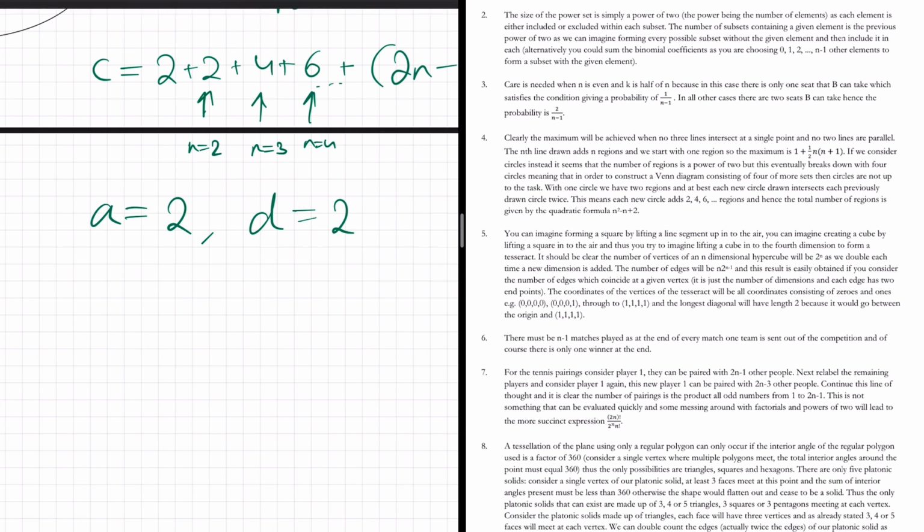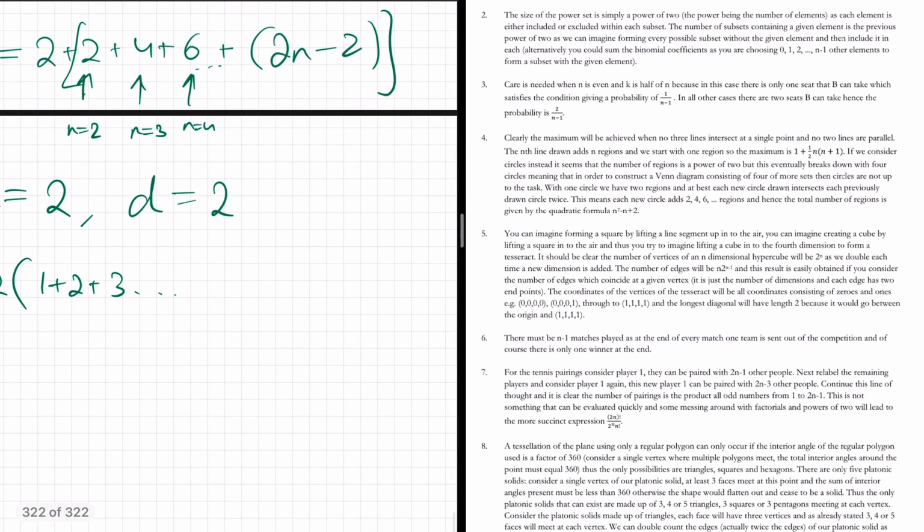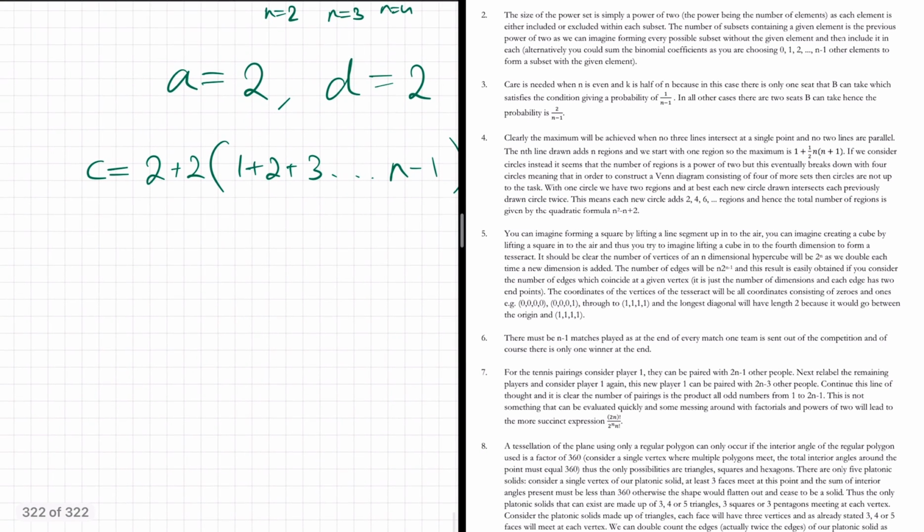Then we get 1 plus 2 plus 3, on and on until we reach n minus 1. Then we can use the simple triangle number formula, where we use n minus 1 instead of n. Okay, and then we just multiply these out. Okay, there we go. That's the easier way of doing it. And that gives us this quadratic formula. Interesting.